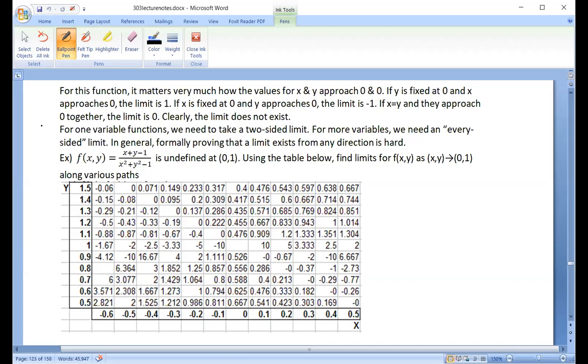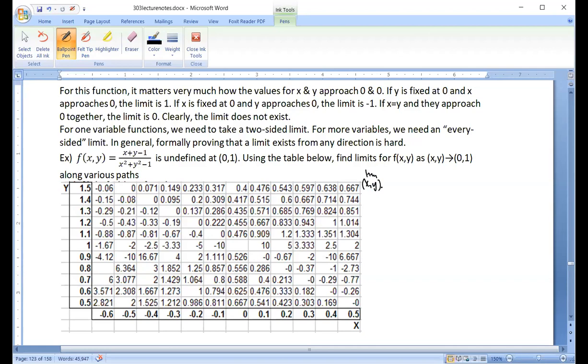So let's develop a notation for limits here. Let's take the limits as x, y goes to 0, 1 of the function, but now let's say where we're approaching. What are some different ways that we're approaching? One nice one is to say x is constant.